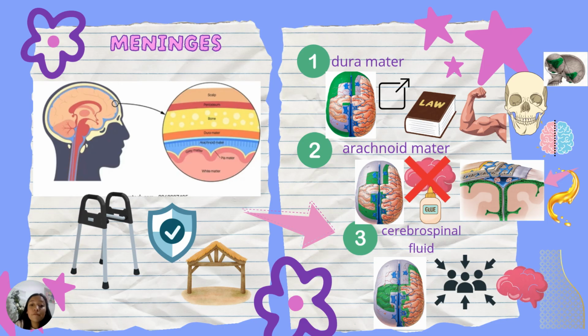So now we have the meninges. The brain is covered by three protective layers called the meninges. The first layer is the dura mater, which is the outermost and strongest layer, and is thick and attached to the skull.